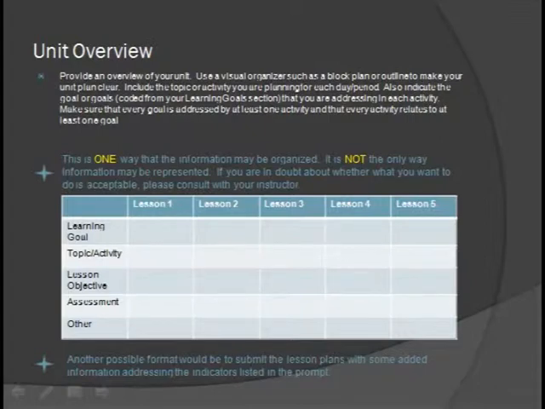What is the student going to do? What are the conditions under which they will do it, and how well? If you have questions about writing an appropriate lesson objective, please ask your instructor.